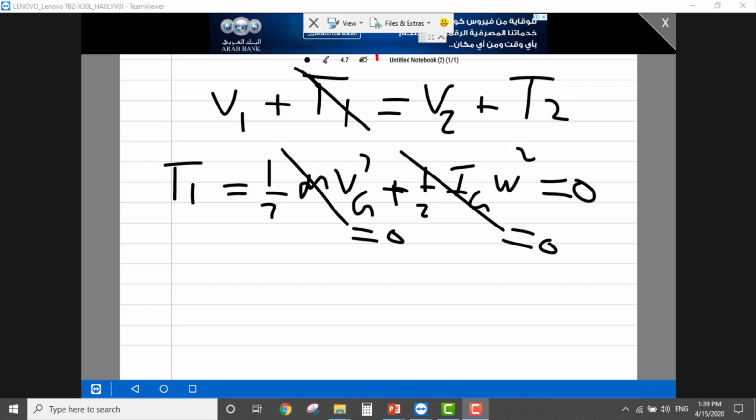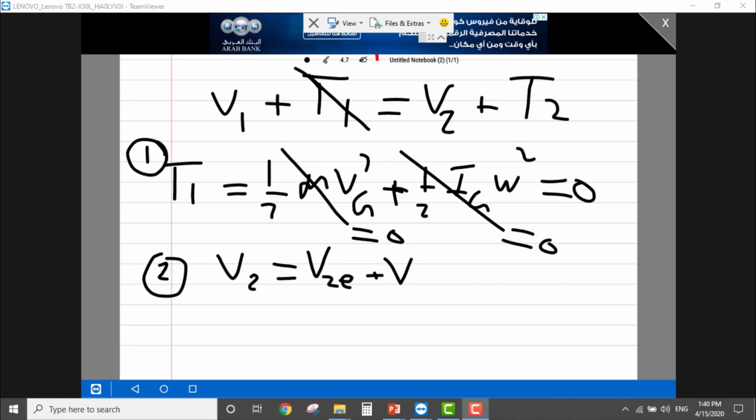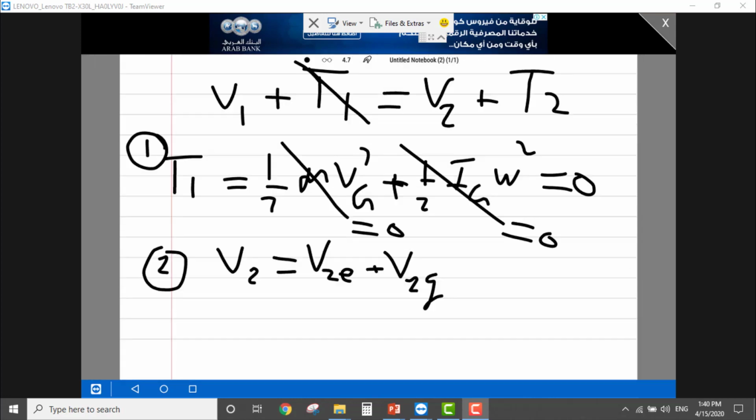Okay? Now, I'll start with the easiest terms first, then we'll go to the difficult one. How about V2? V2 is equal to V2 elastic plus V2 gravitational. In location 2, let me go to a new page.